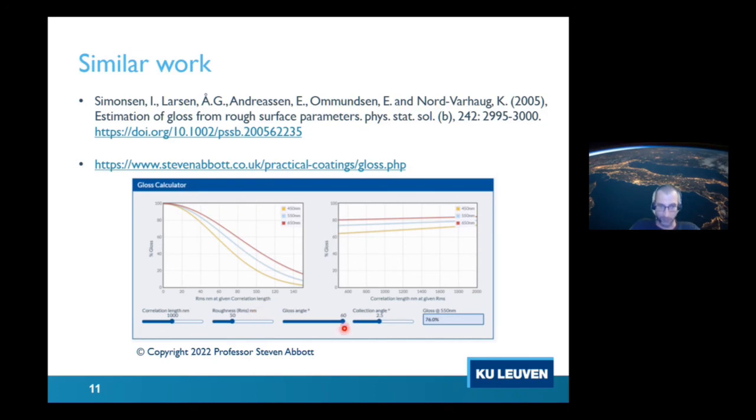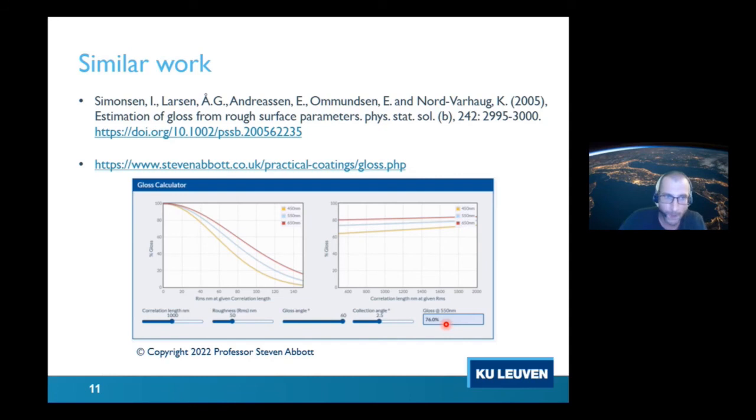You can select the angle at which you want to illuminate the sample, and then your collection angle. You can change all these parameters on the fly, and you will see that the reported gloss value also changes. This is something you can do if you have some time, to investigate it a bit more.